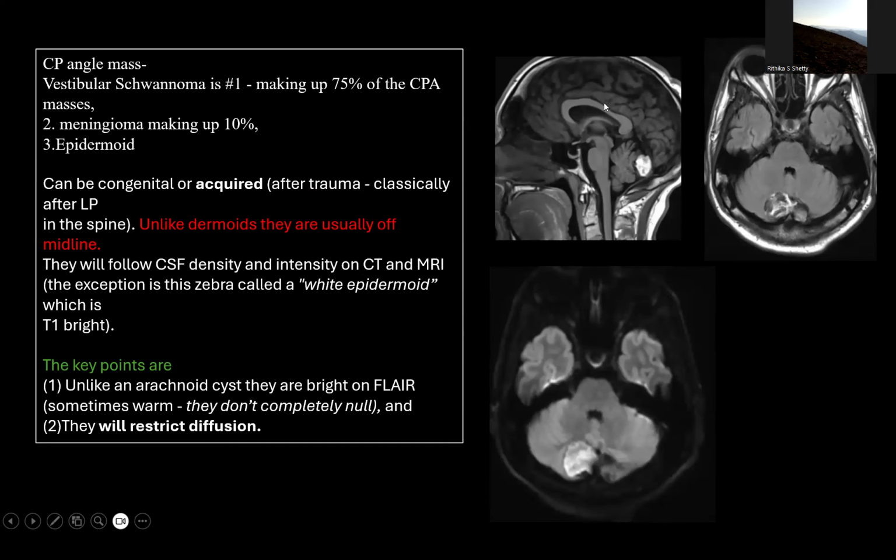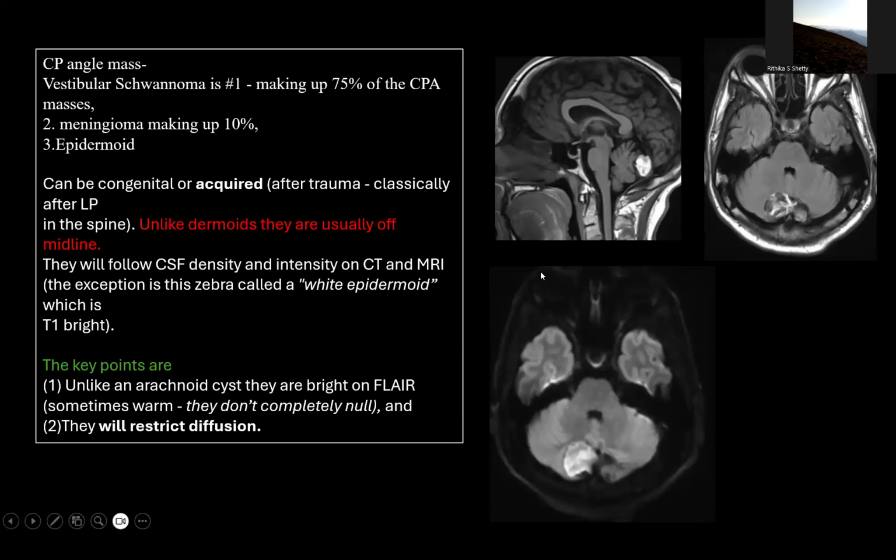Now again in this axial image and sagittal image, T1 weighted, we can see a well-defined T1 hyperintense lesion, but it is not producing much mass effect. In case of FLAIR, it is not getting completely suppressed, but it is showing diffusion restriction, thus differentiating it from our dermoid. Dermoid will even have calcification and will be involving other germ layers.